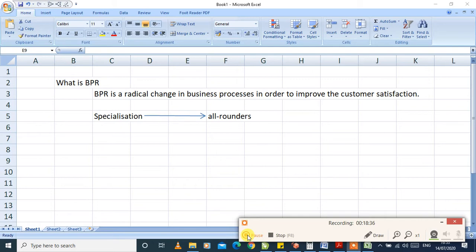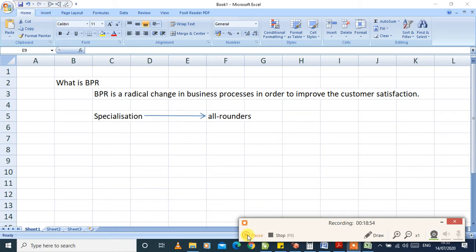What the modern system says, according to the BPR, is let's make it into teams. So a person doesn't handle one machine only. A person is a part of a team, and the team handles a product altogether.